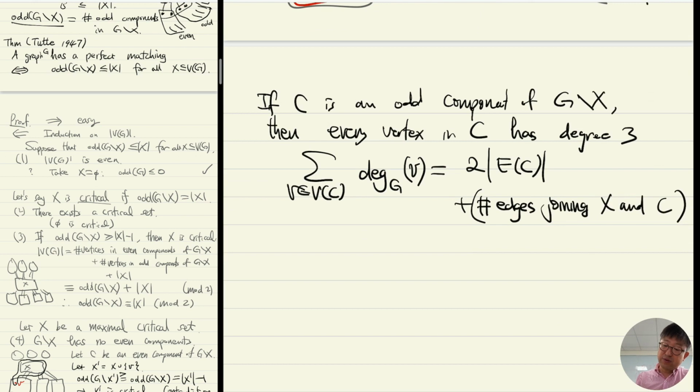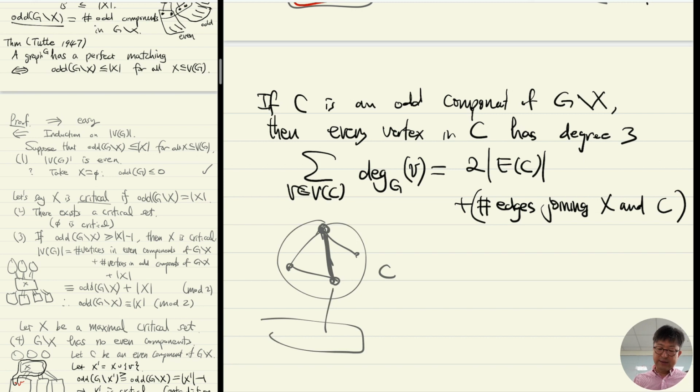Why? Because if this is C, then this edge is counted at both ends, and edges joining C and X are counted once.